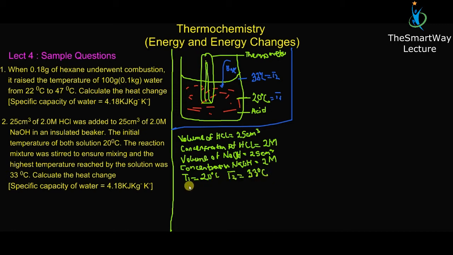And then the specific heat capacity of the water was given to us to be 4.8 kilojoules per kilogram per Kelvin. So this is the parameter.